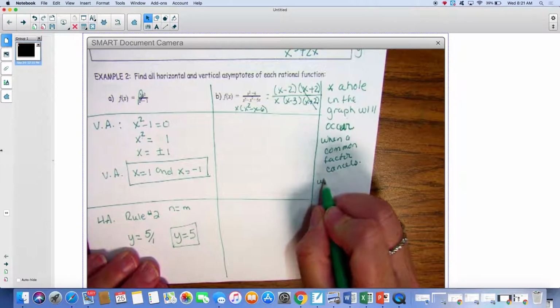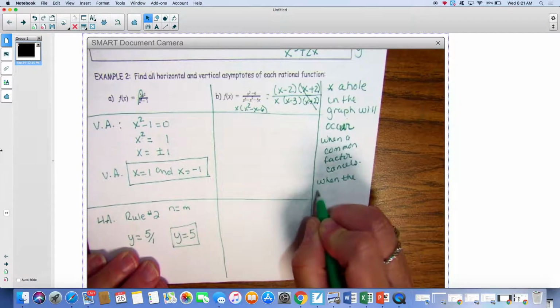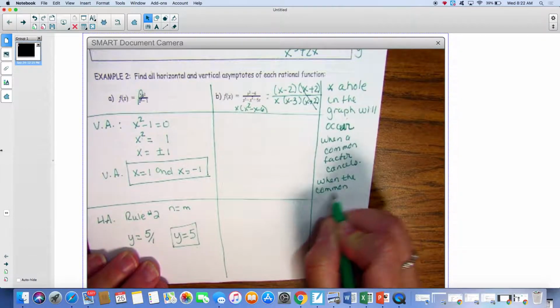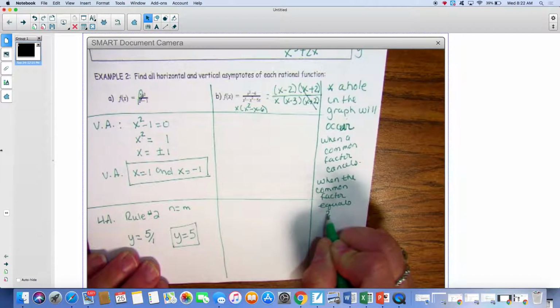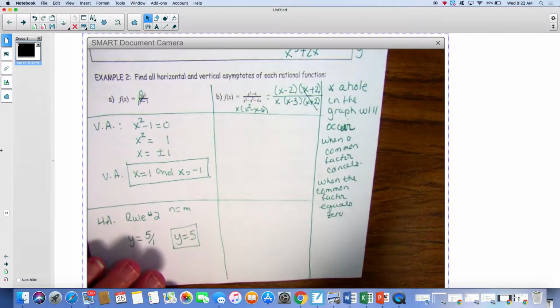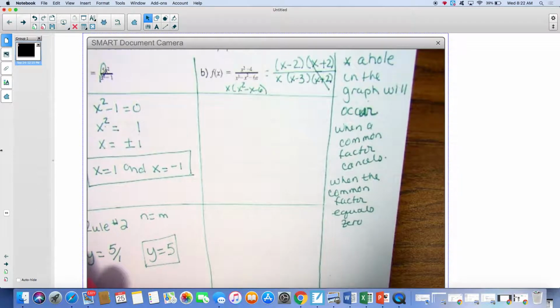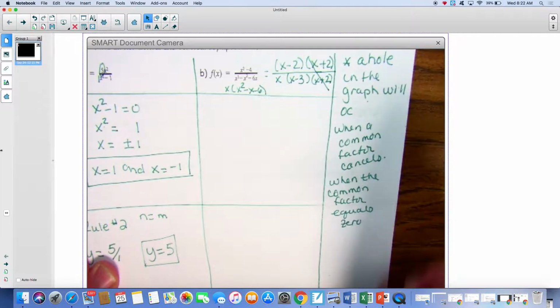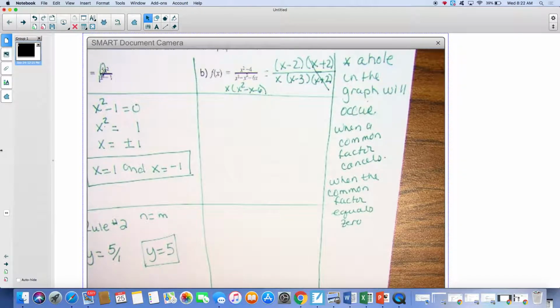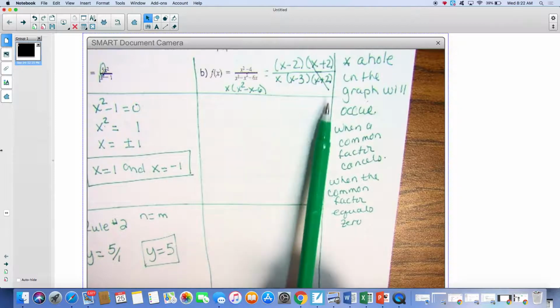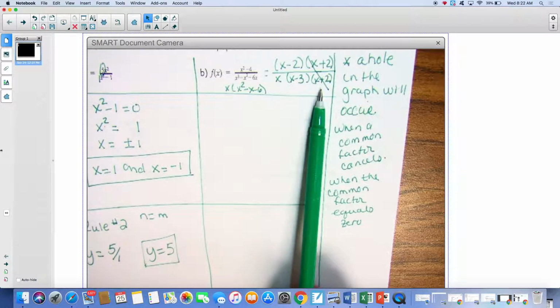It occurs when the common factor equals 0. Because in the original function, x plus 2 is still undefined. It's still not defined, right?